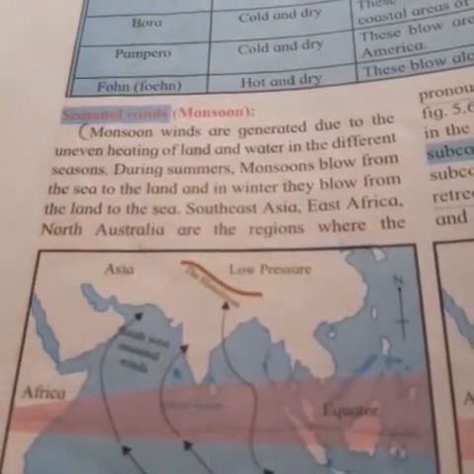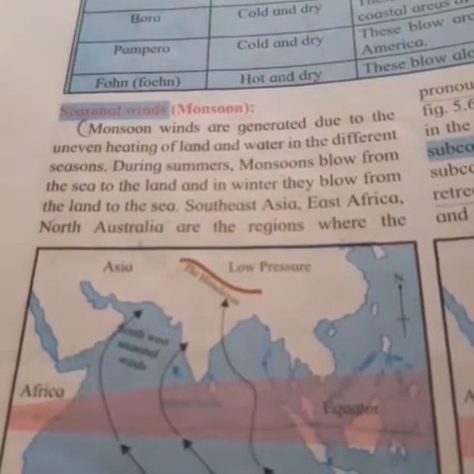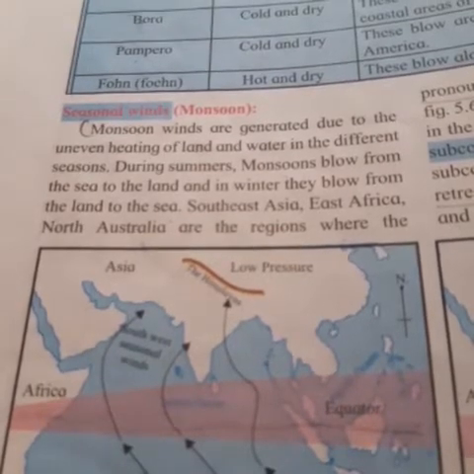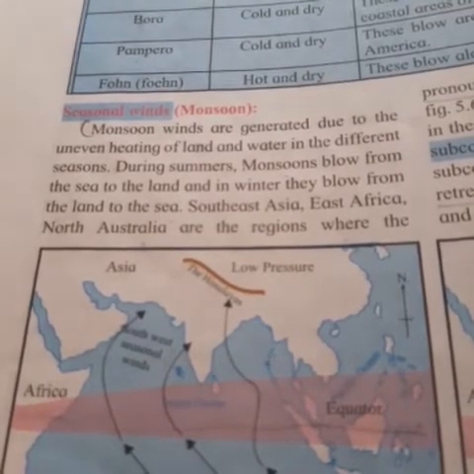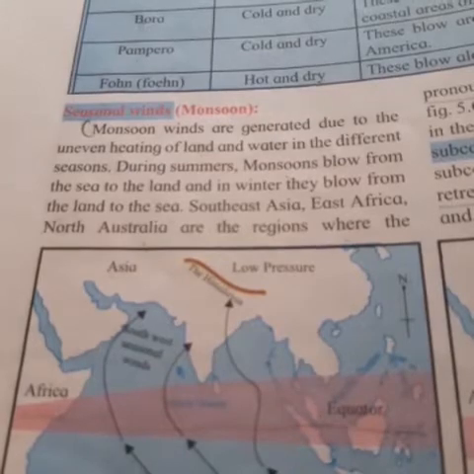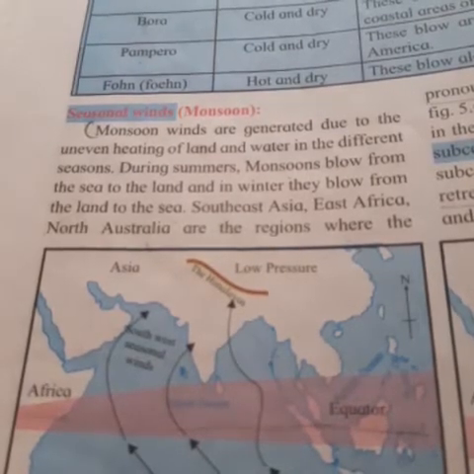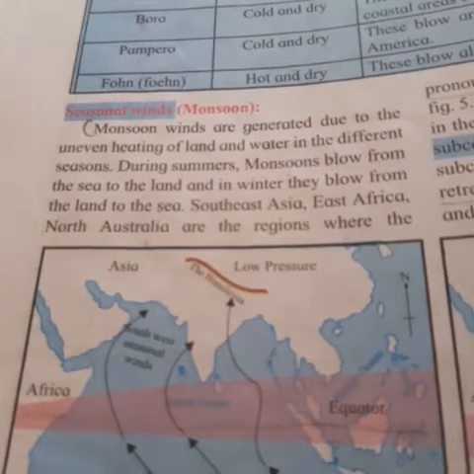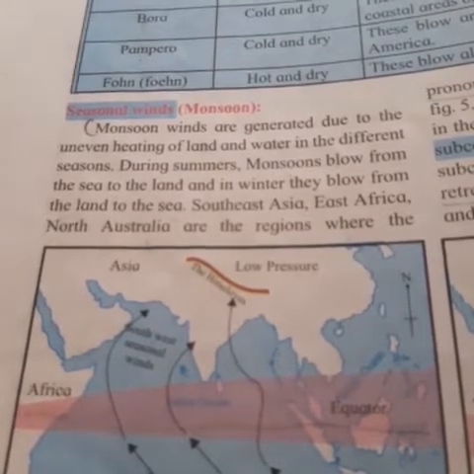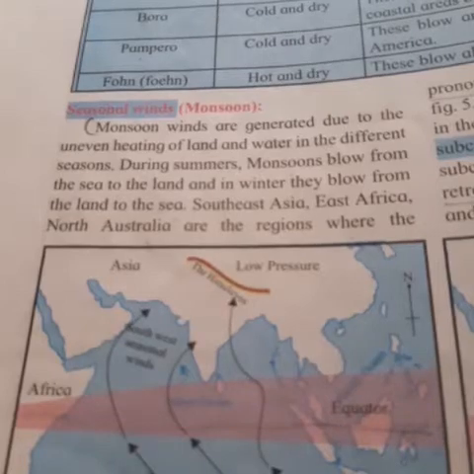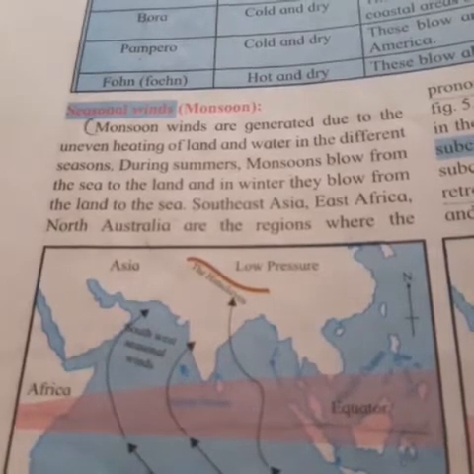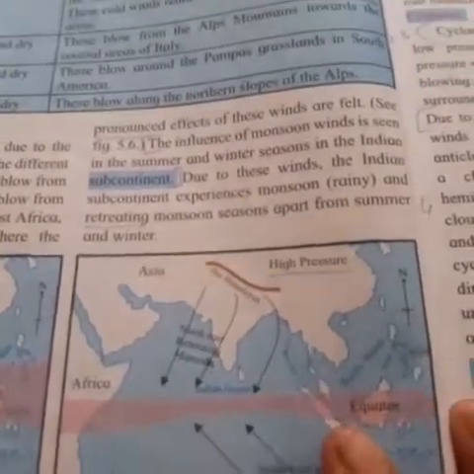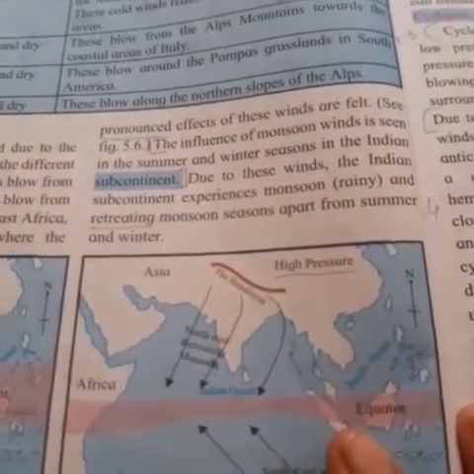Monsoon winds are generated due to the uneven heating of land and water in the different seasons. During summer, monsoon blows from the seas to the land, and in winter they blow from the land to the sea. Southeast Asia, East Africa, and North Australia are the regions where the pronounced effect of these winds is felt.